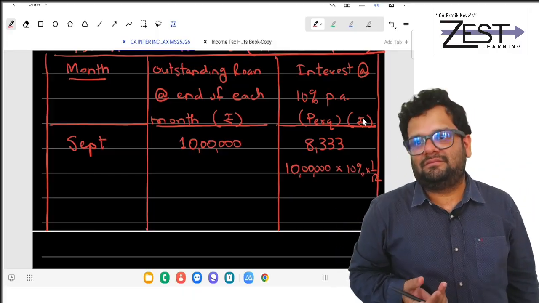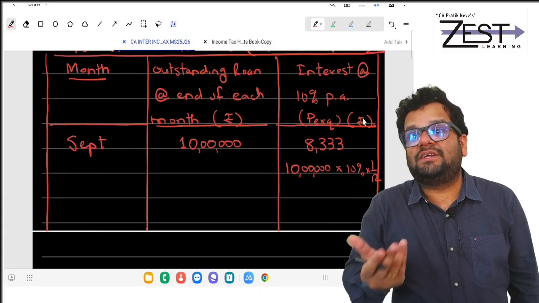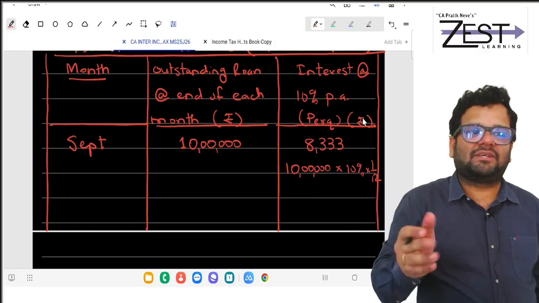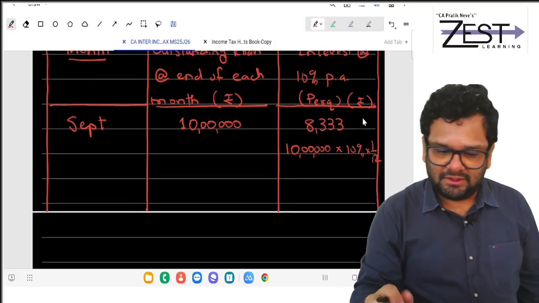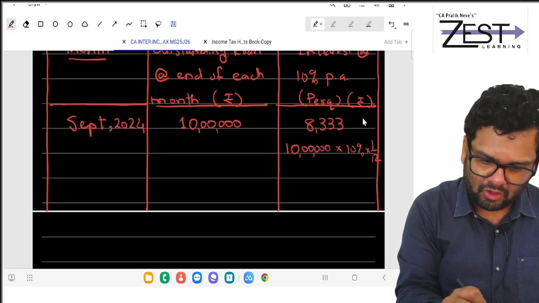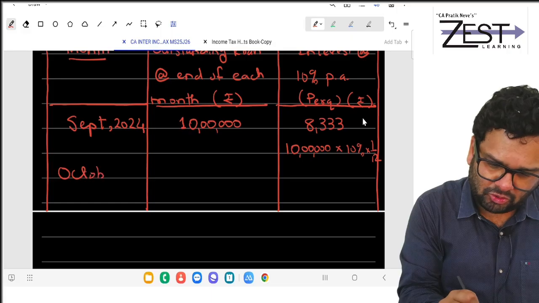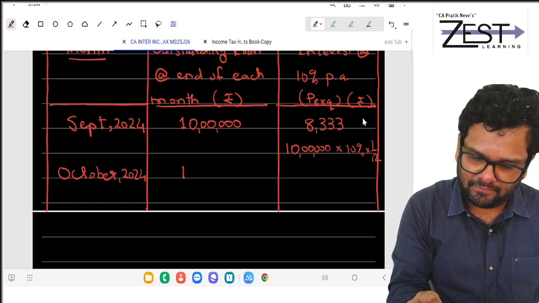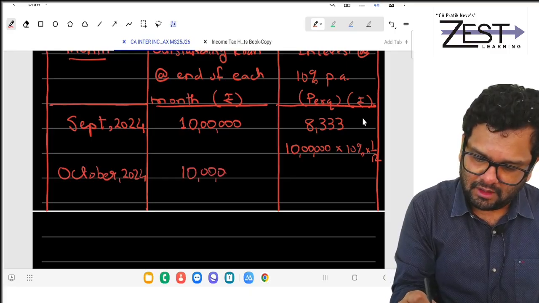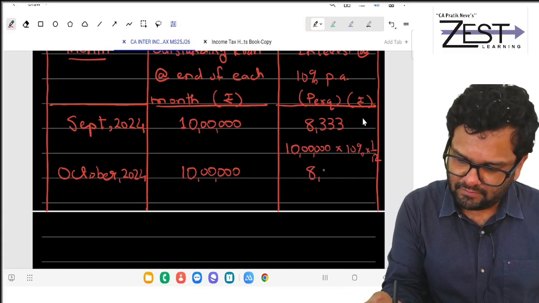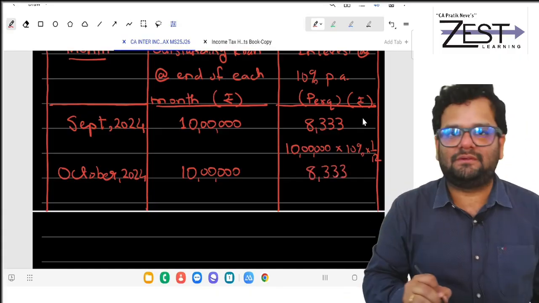Deemed saving. Deemed money saved is money earned. Benefit. Pay tax on this. Okay, but after September, October. In October, how much is the amount outstanding? Again 10 lakhs because you have not done anything. So again 8,333.